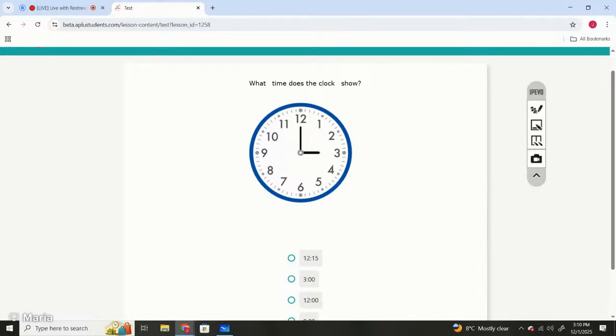What time does the clock show? Which is the correct option? The correct option is 3 o'clock.